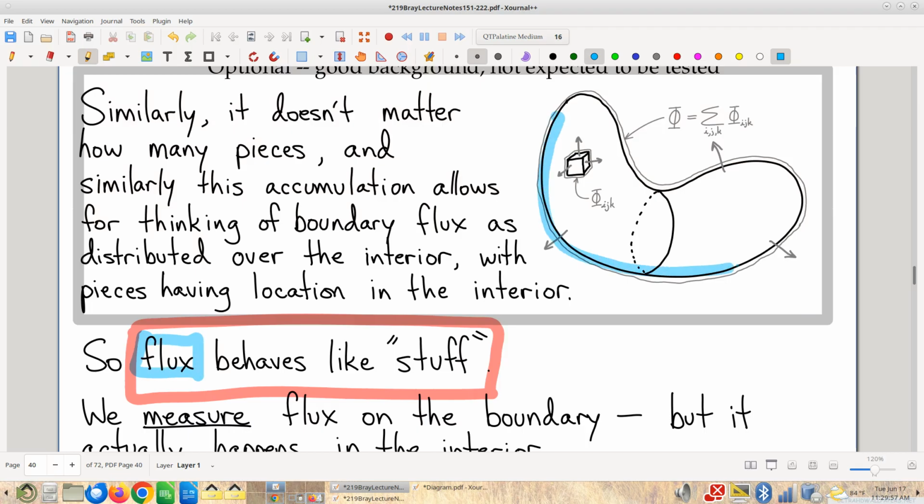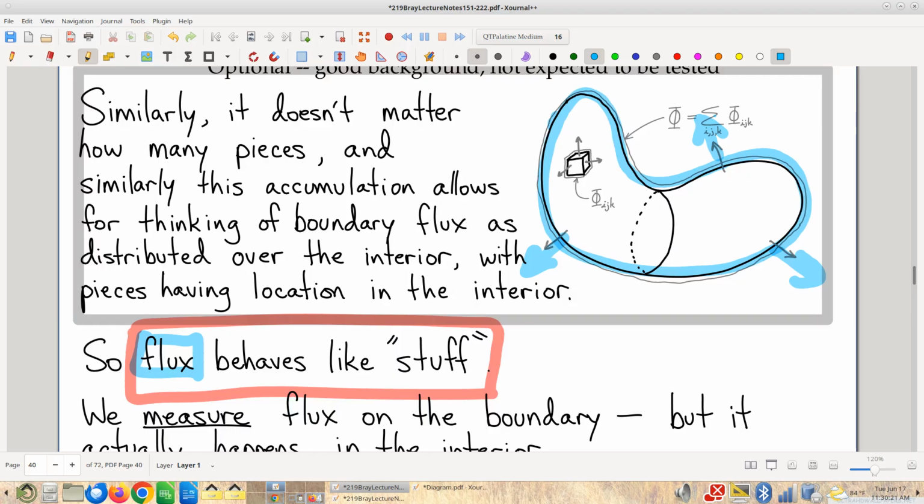You compute flux by looking at a boundary. You're just entirely on the boundary. And I'm saying that even though it's computed on the boundary, you want to think of it as being a stuff that's actually distributed throughout the interior. And that deserves an askance look.